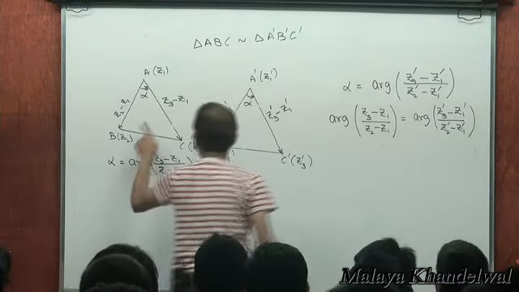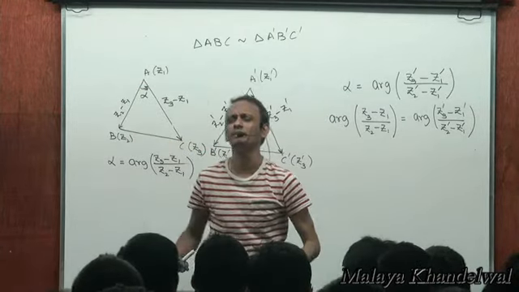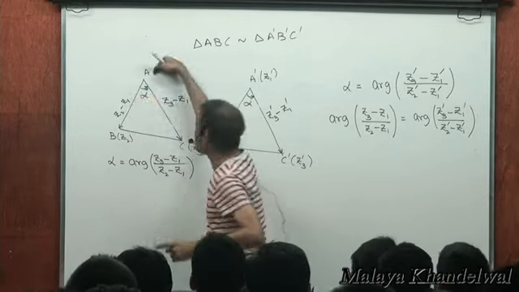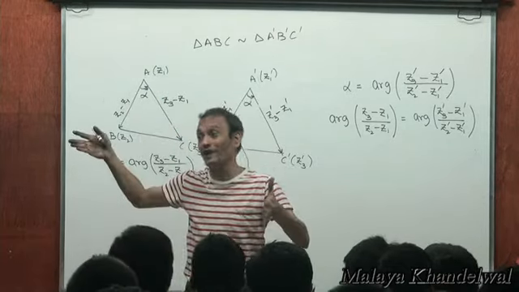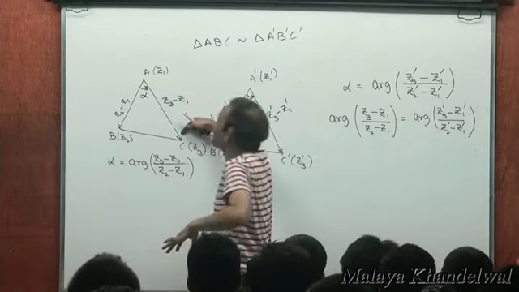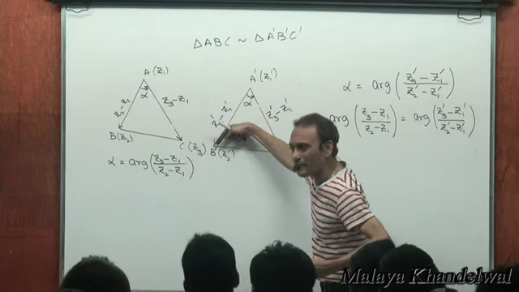Right, sir. So, for the two triangles to be similar, what represents the length AB? Mod Z2 minus Z1. This is a vector Z2 minus Z1, but mod Z2 minus Z1 represents the length AB. What represents the length AC? Mod Z3 minus Z1. What represents the length A prime B prime?